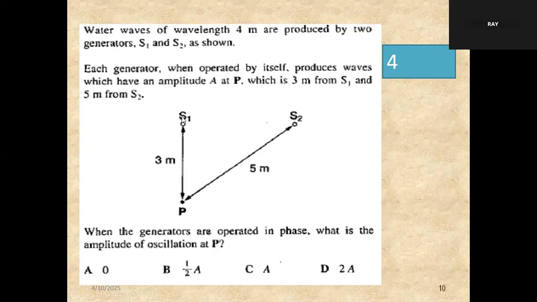Each generator has amplitude A. So find the path difference.